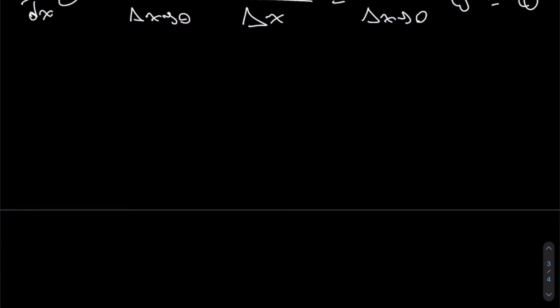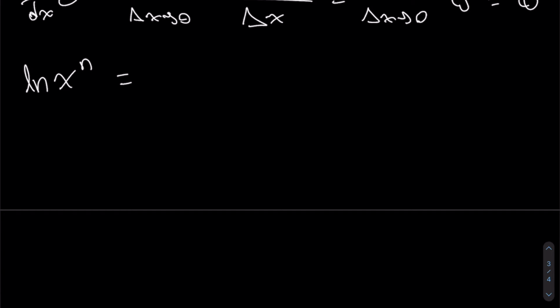Simple. Okay, now we have the power function, x to the power of any number. The best way I found to prove this is to basically use logarithms. So what I'm going to do is ln of x to the n.